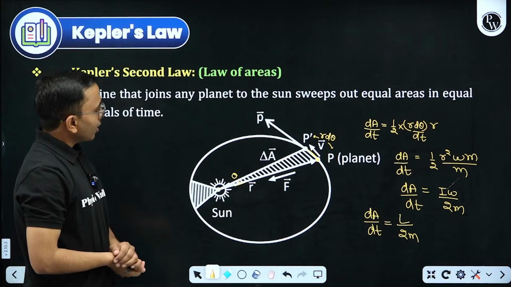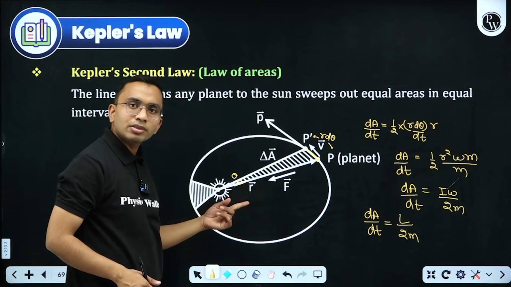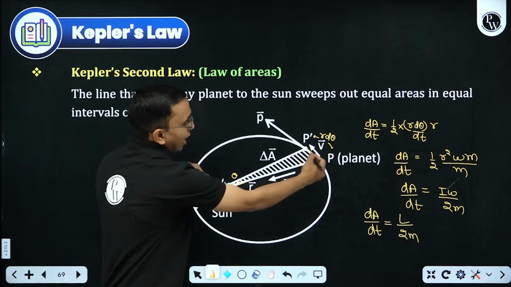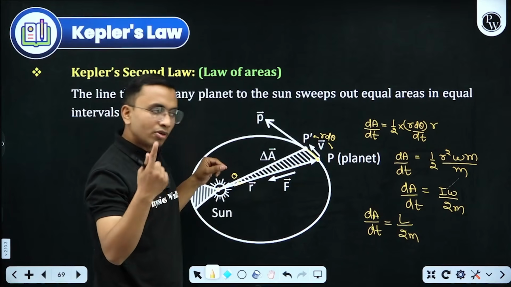Now, about the axis passing through the sun, the angular momentum is constant. Why so? Because the torque is 0. The sun exerts a force along that axis only, so the torque is 0. If torque is 0, angular momentum is constant.